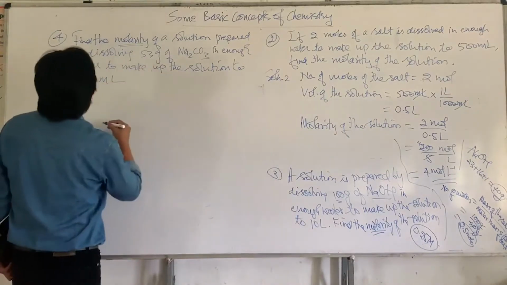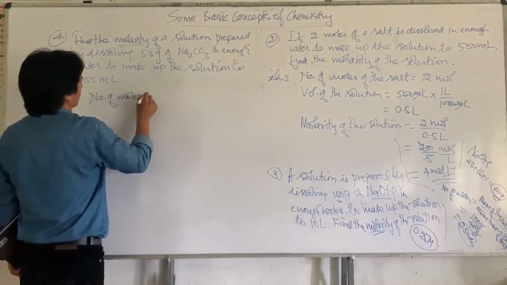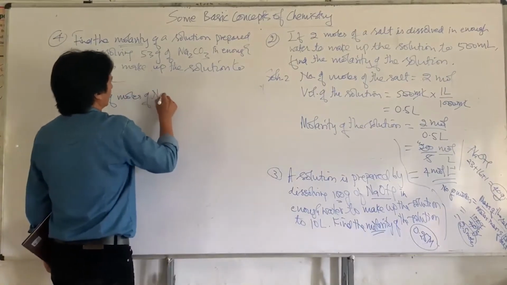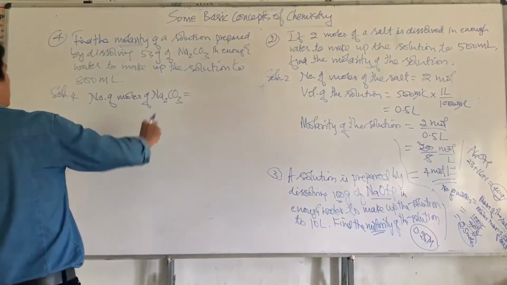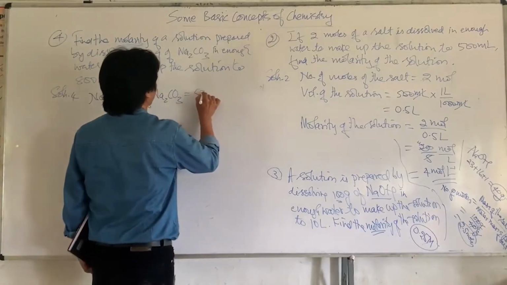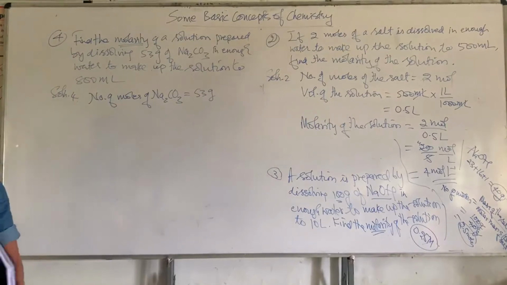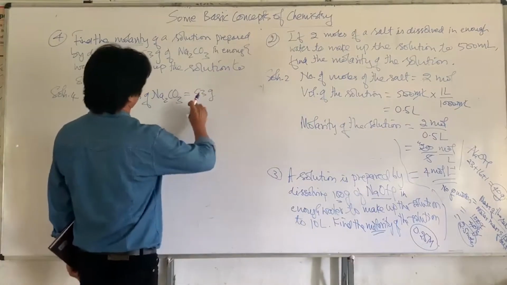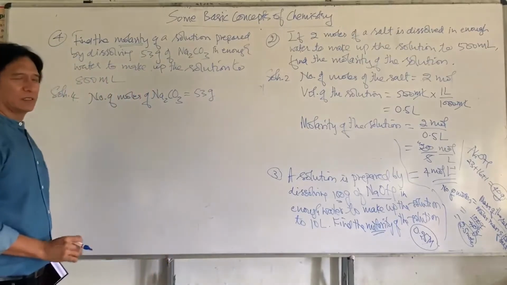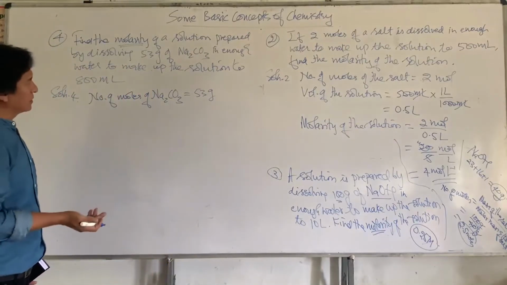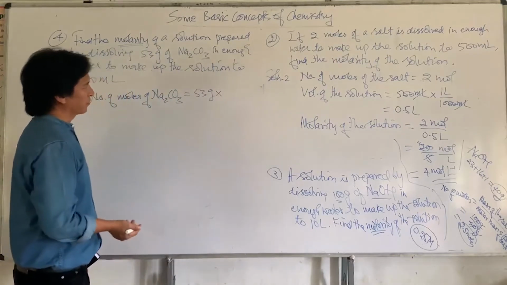So let's see the first one. Number of moles of sodium carbonate is equal to, you are given 53 grams, right? So number of moles can be obtained by dividing the mass of the given substance by its molar mass. Or if you want, you can use this unit fraction method, you get the same thing.